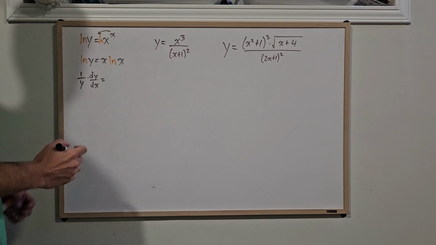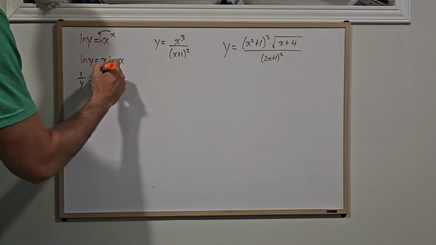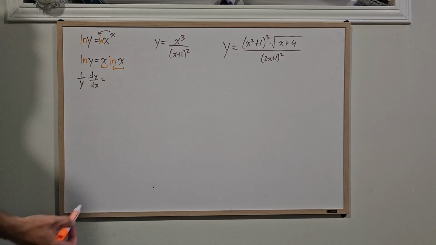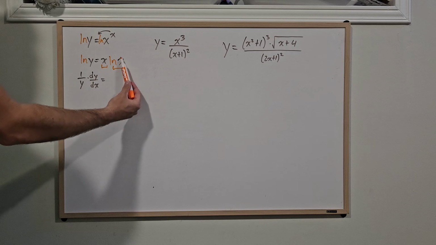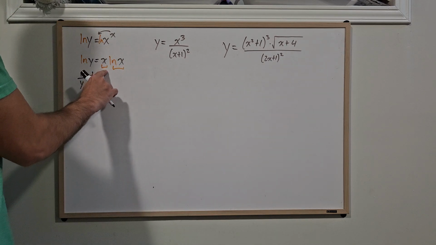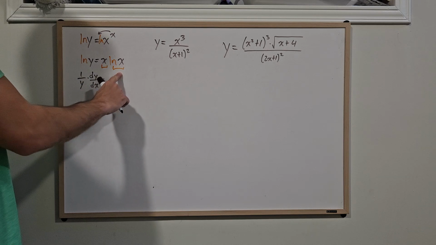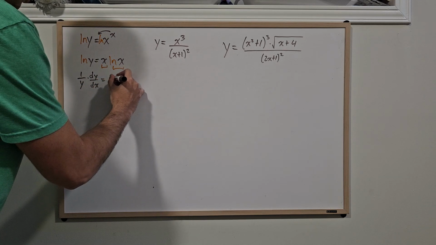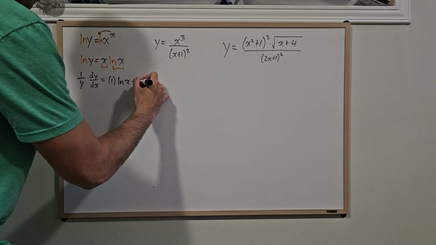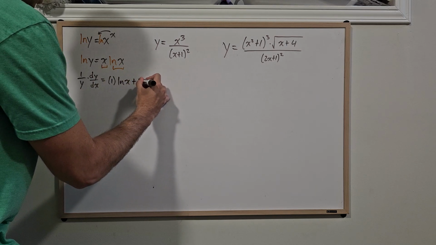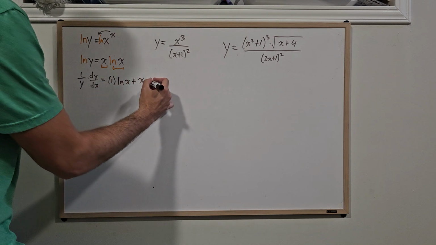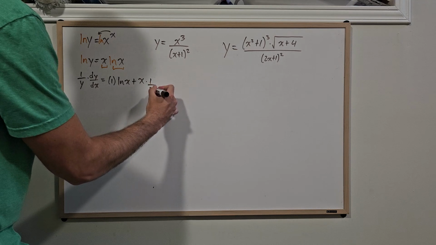On the right-hand side, we have the product rule: x, the function, times natural log of x, another function. So taking the derivative of the first function, leaving the second one alone, that's just going to be 1 multiplied by natural log of x, plus leaving the first function alone, x, multiplied by the derivative of natural log of x, which is just 1 over x.